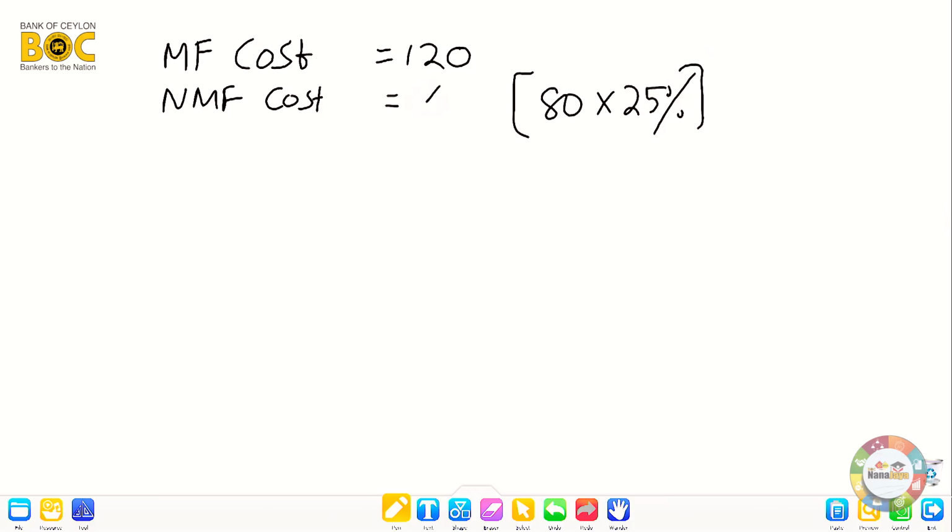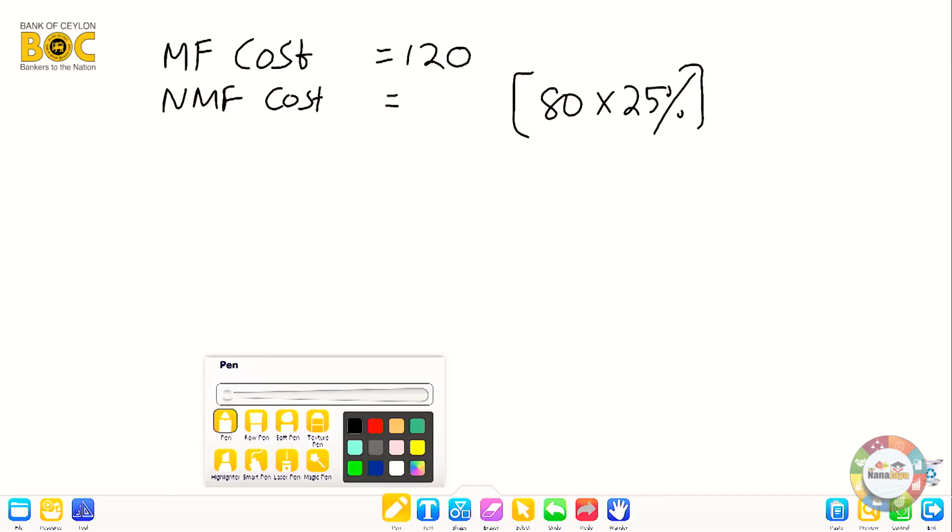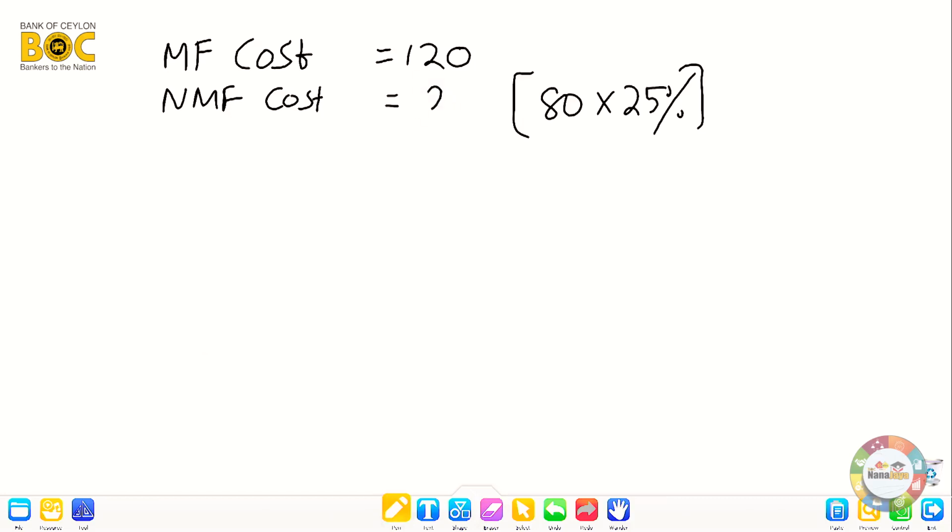How much? 20,000. So altogether you get 140,000 rupees. Manufacturing cost is 120,000 and non-manufacturing cost is 20,000.